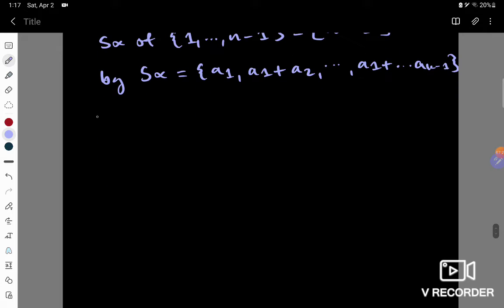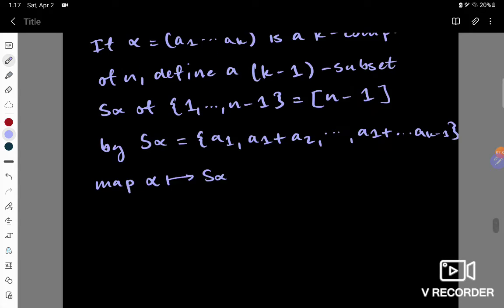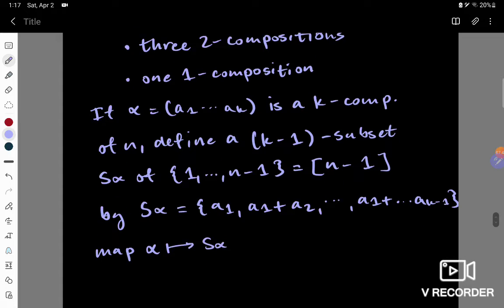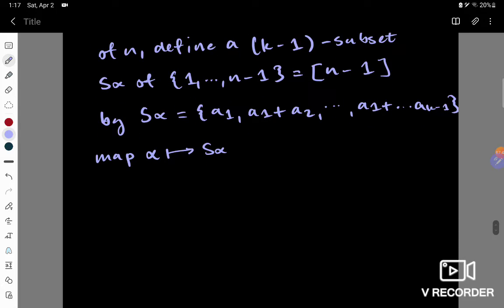Then we have a map from alpha to S alpha, right? We have a map from this k-tuple to this set.